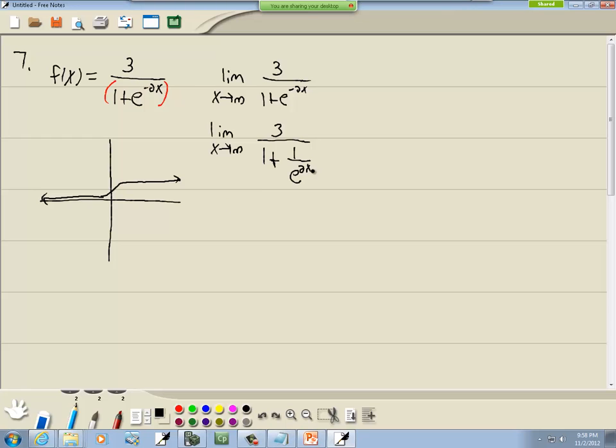And if I were to put the infinity in there, we'd have 3 over 1 plus 1 over e to the 2 times infinity, which 2 times infinity is infinity, e to the infinity is infinity, so we've got 1 over infinity, which is 0. So this would give us 3 over 1 plus 0, which would give us 3.